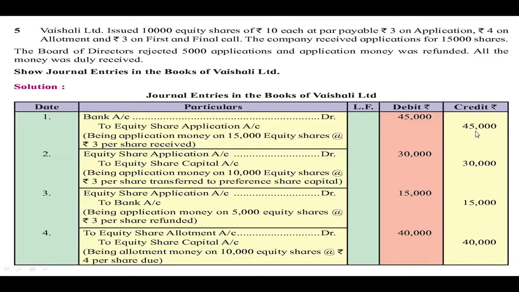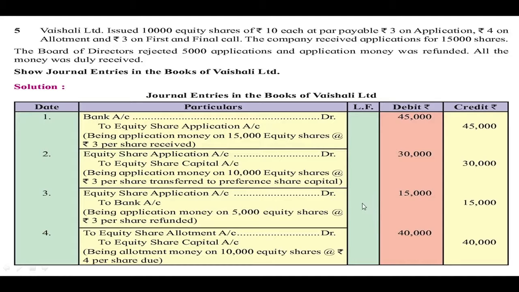While the directors have rejected 5,000 applications and the application money was refunded, it means the application money of rupees 15,000 will be refunded, that is 5,000 into 3, which comes to 15,000. So the third journal entry is equity share application account debit 15,000 to bank account, because this much money goes out of the business.